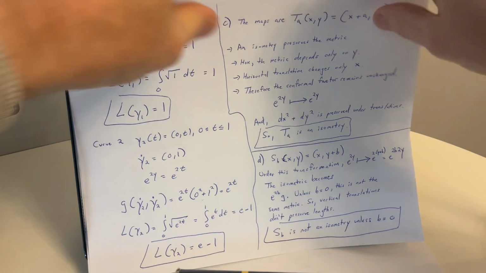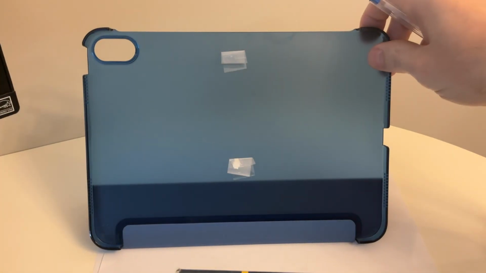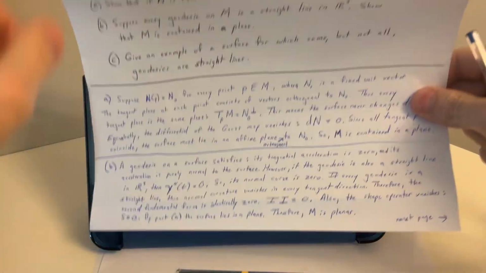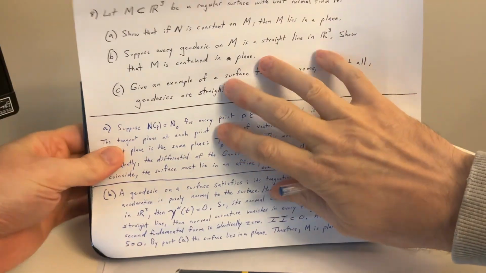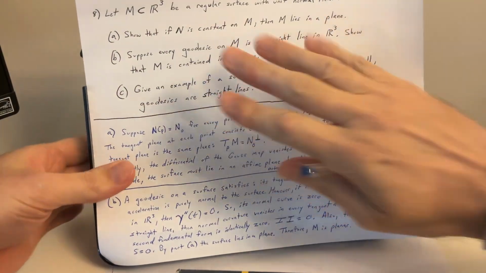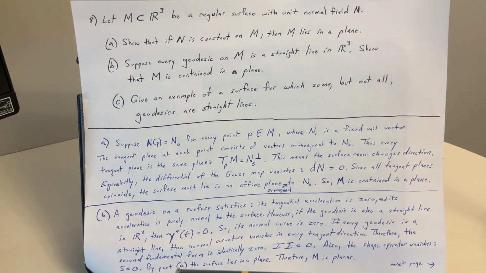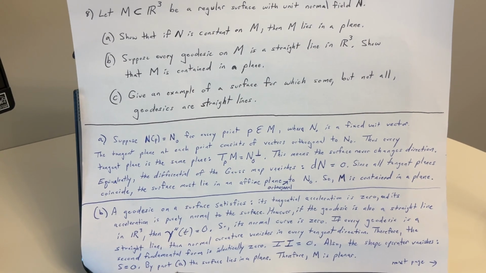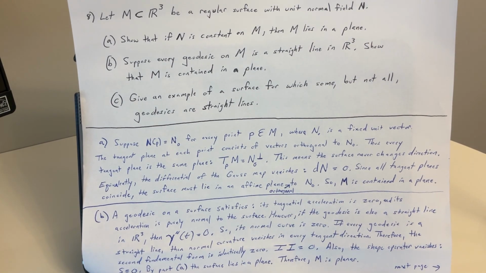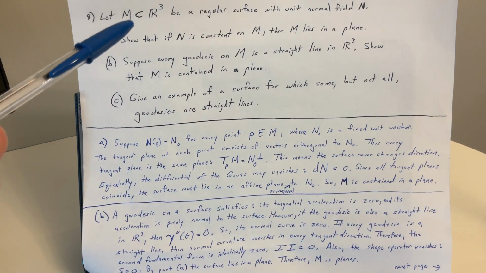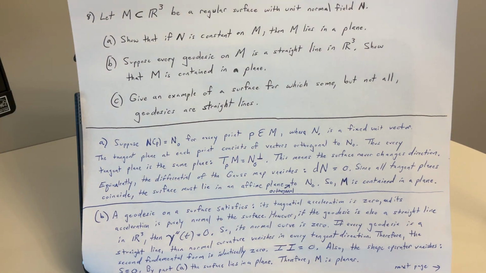And now let's go along to number 8. Let me just get this in focus. Okay, so let M, in R3, be a regular surface with unit normal field N. Part A, show that if N is constant on M, then M lies in a plane.